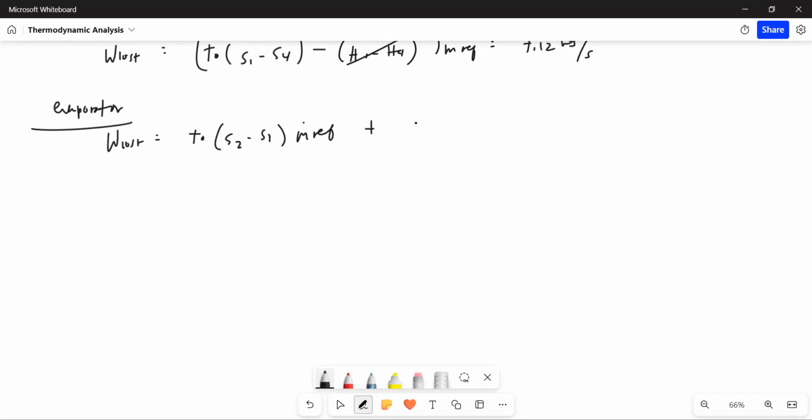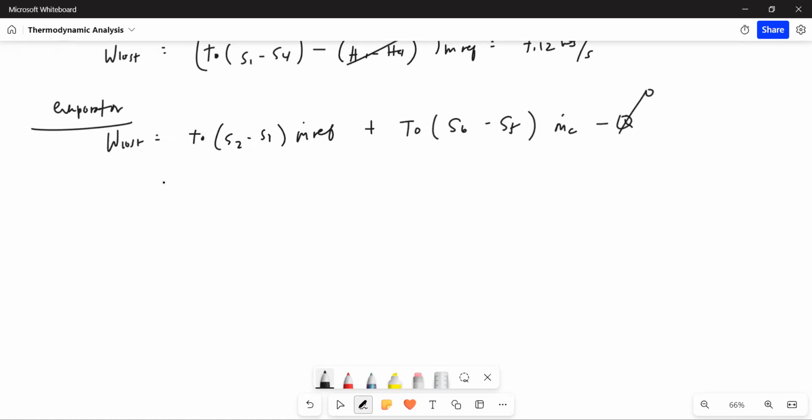And very important, you also have to consider the chilled water, T naught times delta S times the mass flow rate of the chilled water, minus Q. Assuming there's no heat transfer with the surroundings, this is 0.